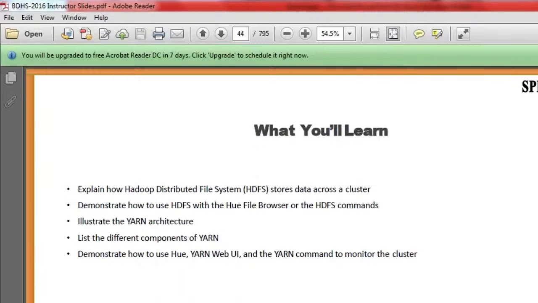Hadoop 1 was the traditional MapReduce, but there were some limitations of it. There were some issues with resource management and application monitoring in the first version of MapReduce.